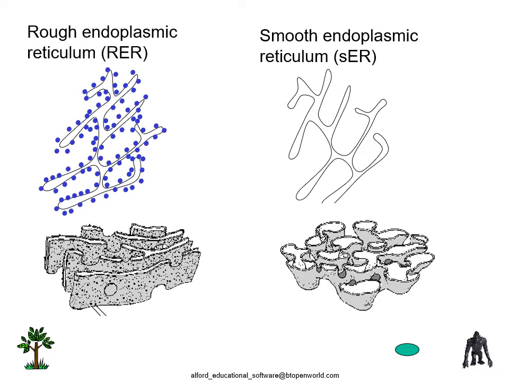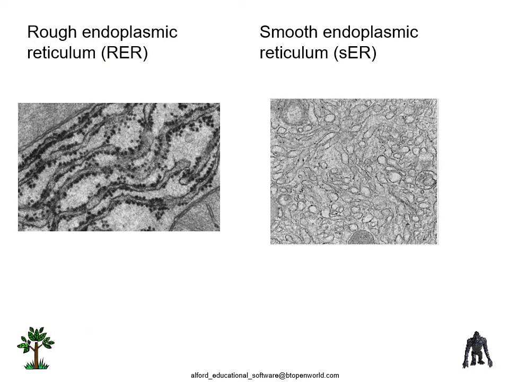So identifying our rough endoplasmic reticulum on diagrams, you're looking for ribosomes stuck to the outside, covering the outside. If you're looking at endoplasmic reticulum with an electron microscope, remember the electron microscope has a really high resolution, so we can have a very high effective magnification.